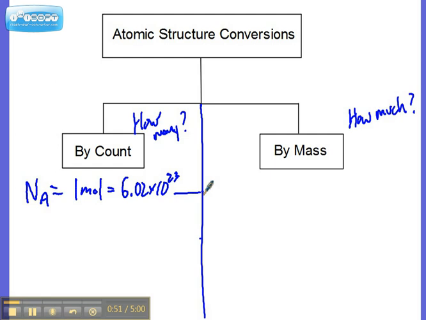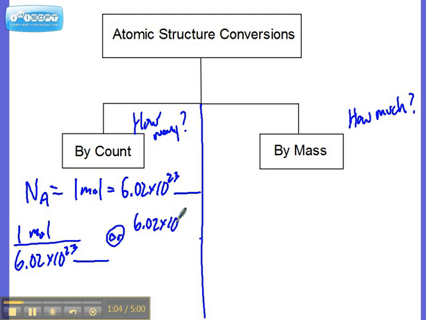Because that's an equality, we can put it into a conversion factor: 1 mole of something over 6.02 times 10 to the 23rd of that something, or 6.02 times 10 to the 23rd of that something over 1 mole. The important note here is that the thing that we're counting can vary. It doesn't have to be atoms, could be molecules, could be school buses if we wanted it to be.